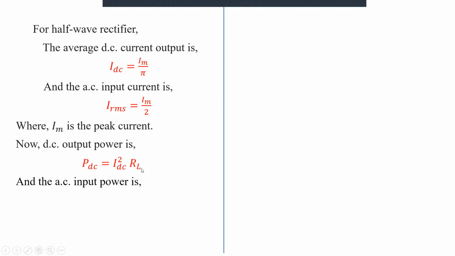Similarly, the AC input power PAC is equal to IRMS square into Rf plus RL, where Rf is the diode resistance and RL is the load resistance, because this AC flows through the diode and also through the resistance RL. So the total resistance affecting the AC is Rf plus RL. This is the DC power output, and this is the AC power input.